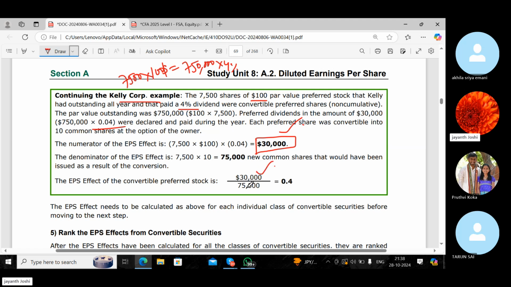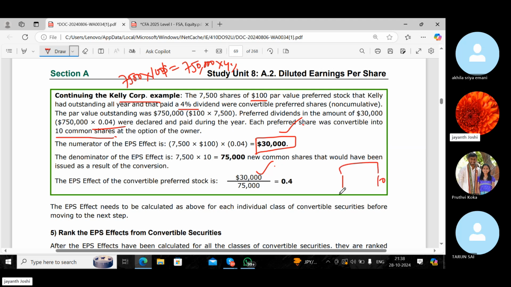And in the denominator, what is happening? They say that preferred dividends declared, the denominator of the EPS effect. So what is happening here? Each preferred share was convertible into 10 common shares. So one preferred share into 10 common shares.